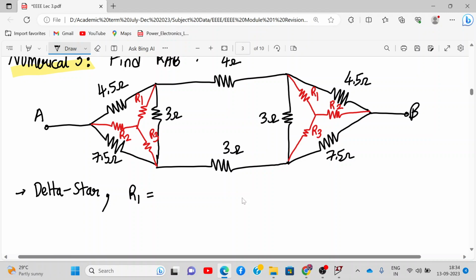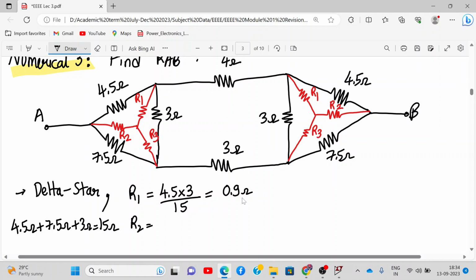First let us find the total resistance. 4.5 ohm plus 7.5, that will be 12, plus 3. So total resistance is 15 ohms. So R1 will be 4.5 into 3 divided by 15. That comes out to be 0.9 ohms.